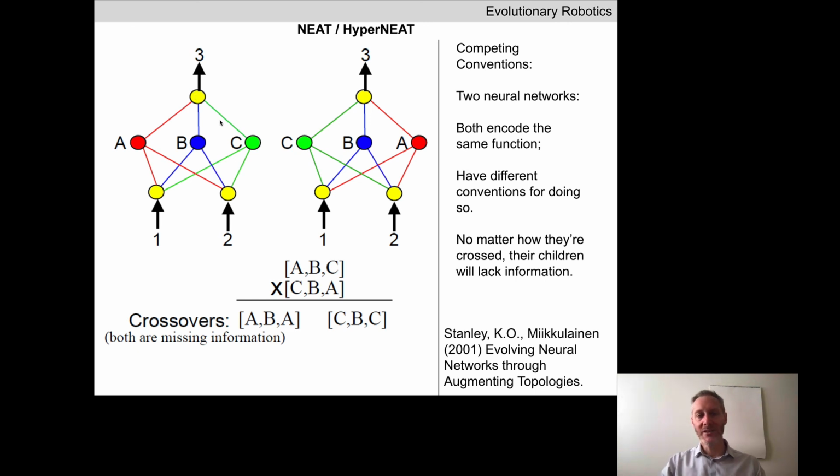Let's assume that this network has already been evolved to perform some task. It's not strictly XOR, but let's imagine it's a task in which the neural network needs to compute 3 intermediate functions, A, B, and C.